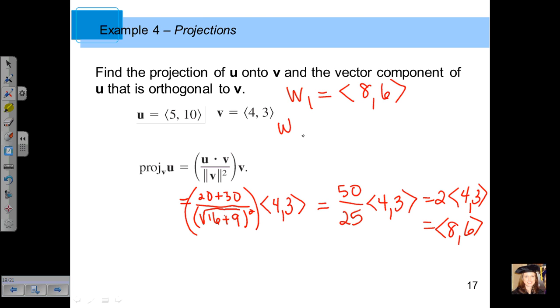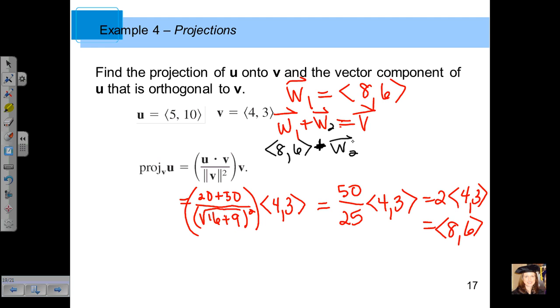Now W1 vector plus the W2 vector, that needs to equal, if you project a V vector. If we already know the W1 vector, we just calculated that to be the vector with components 8, 6, plus the W2 vector, that's what we'll be looking for next.